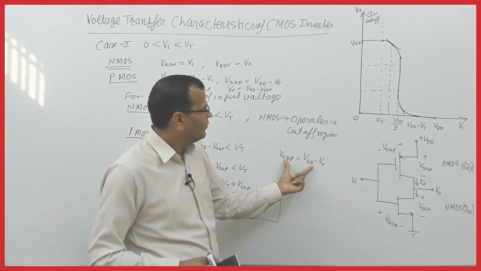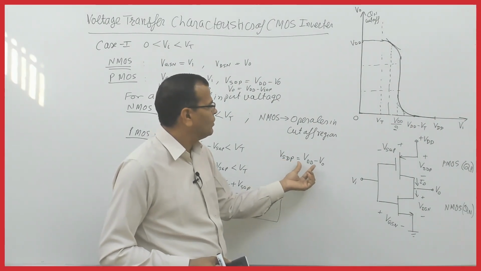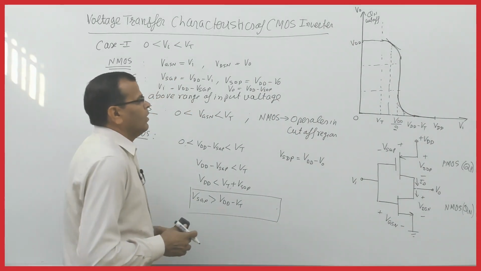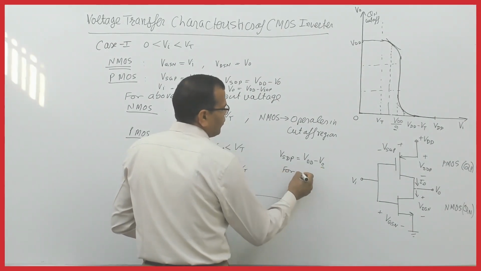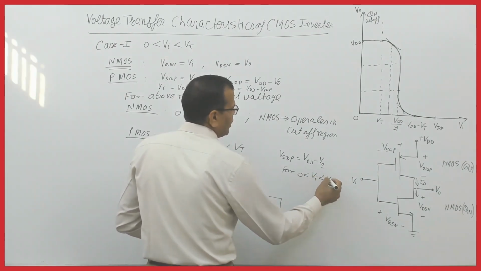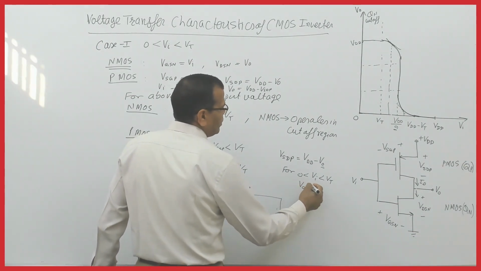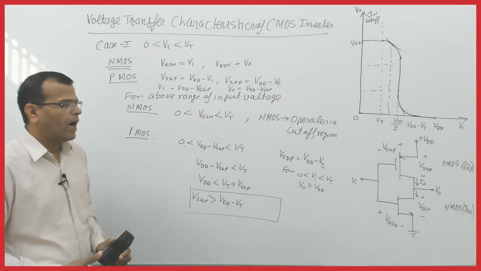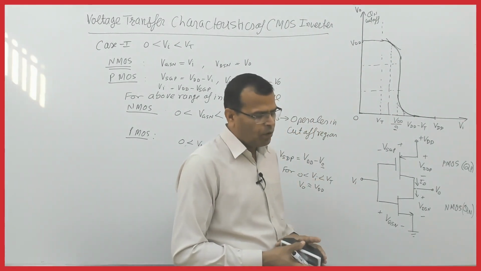For this range, if you see the expression, VSDP is equal to VDD minus V0. Now V0 will be, for input voltage between 0 and threshold voltage, approximately equal to VDD. And that condition we have already seen for ohmic region of operation.